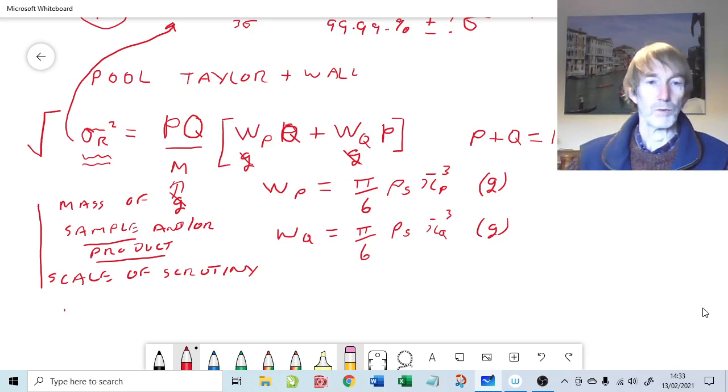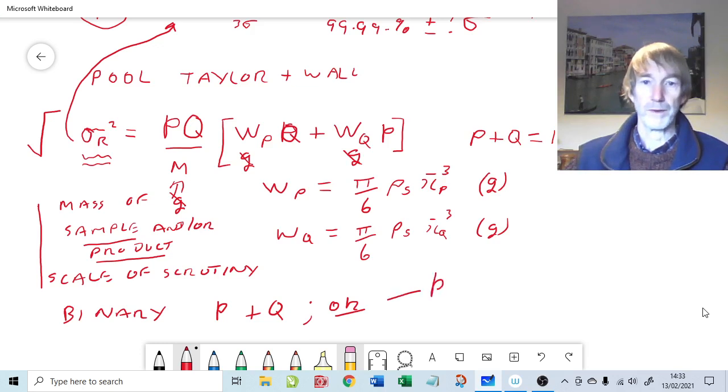Now clearly what we have here is a binary model, binary meaning two. So we have two components, the components P and Q. Most pharmaceutical products have multiple components, not just two, but that's okay, not a problem, because all we will do is we'll say that P, for example, is our active ingredient, and Q is all else.